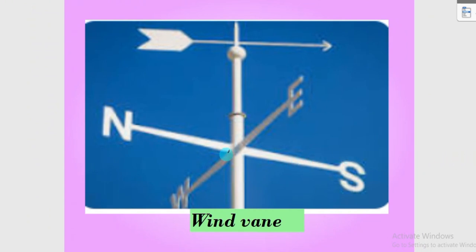Okay, students, look at this picture. This is a wind vane. It is used to measure wind direction. And this is the vane, which has two ends.